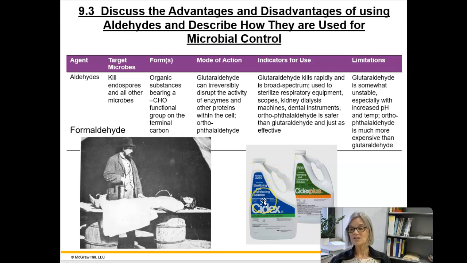But if you knew your patient had tuberculosis, or you were concerned about respiratory equipment that could have been exposed to bacteria like tuberculosis, which are hard to kill, you might use something like Sidex. So you may use Sidex in a clinical setting, not so much at home, but it can be a very useful product when you need it.